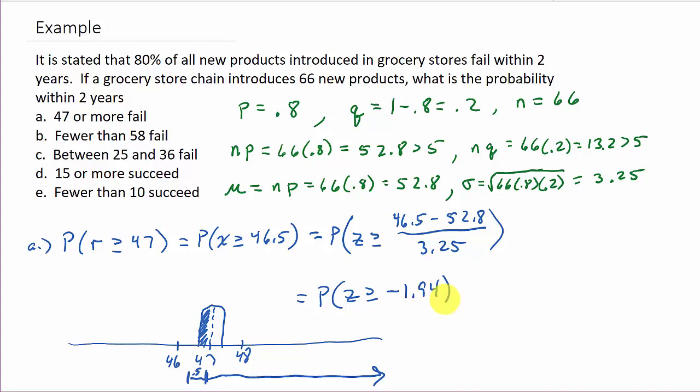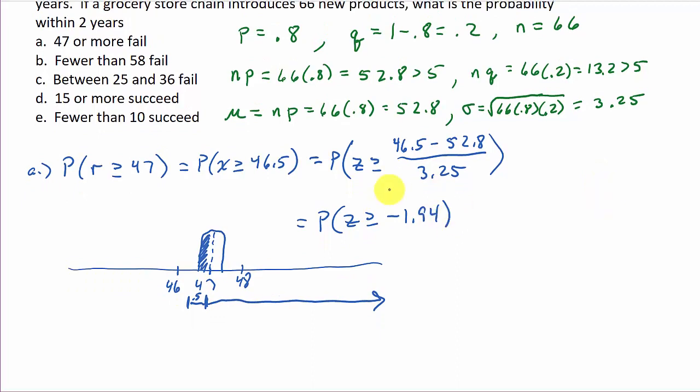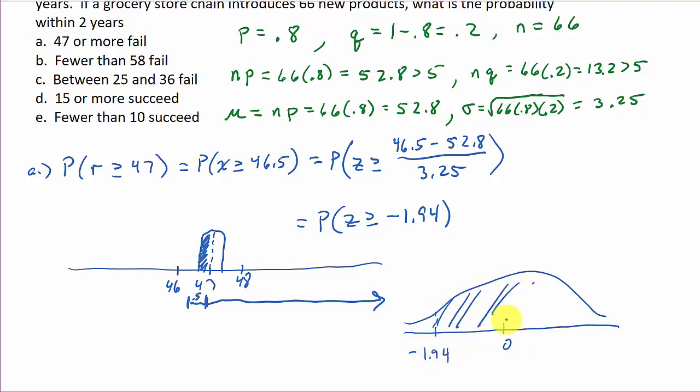Now we have to look this up on the normal distribution table. Remember, this is a z-value now, so there's the mean. I'm back here at negative 1.94, and I'm looking for the area to the right. The table that I'm using, when you look up the z value, gives you the area to the left of the z value.